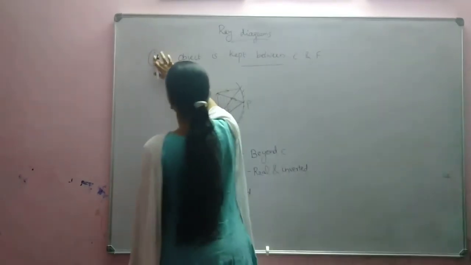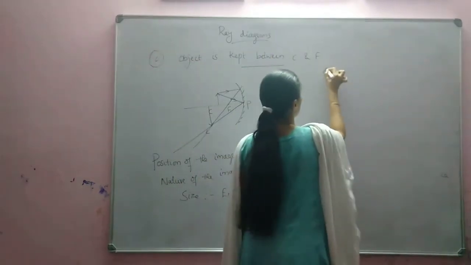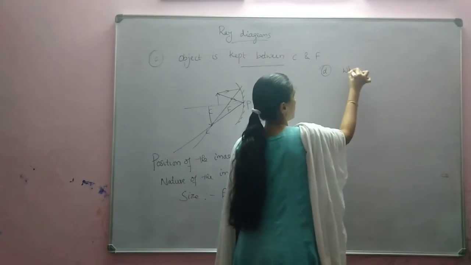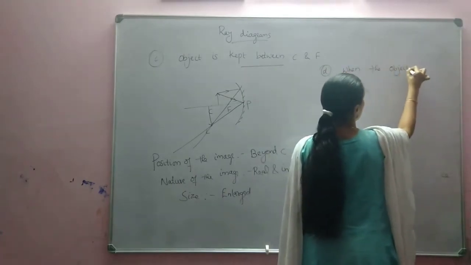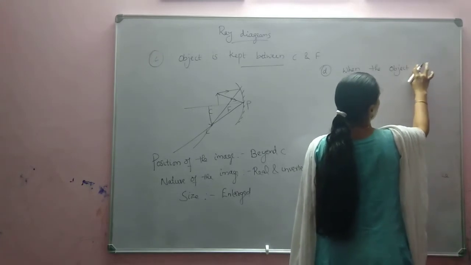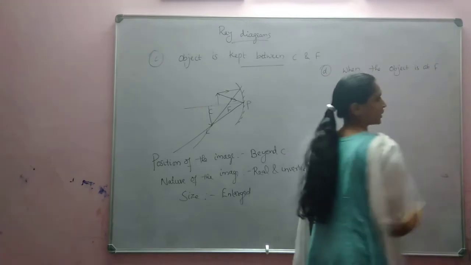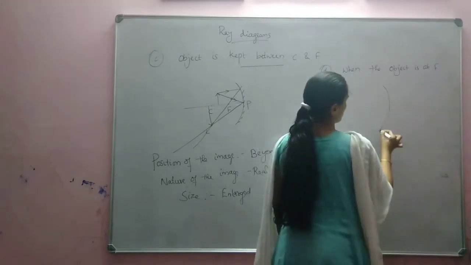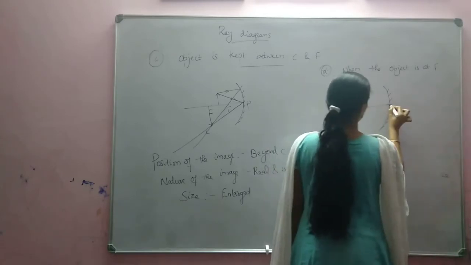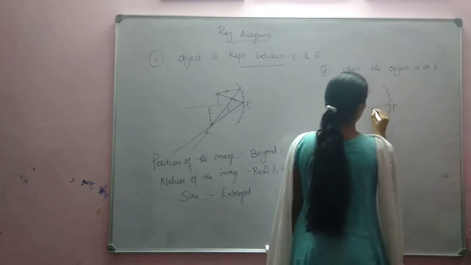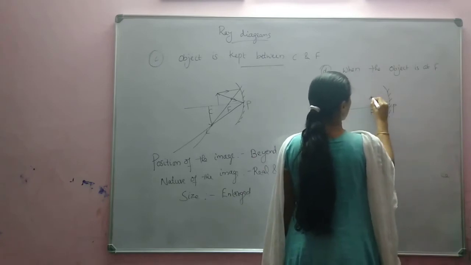This was C, no? Now we will discuss the fourth case. When the object is at F. When the object is at focus. So we are keeping an object exactly at the focus.